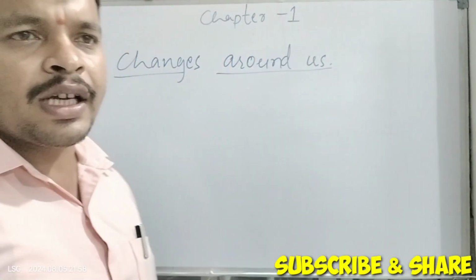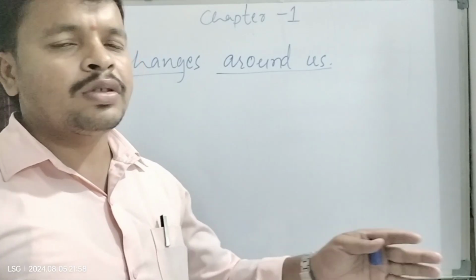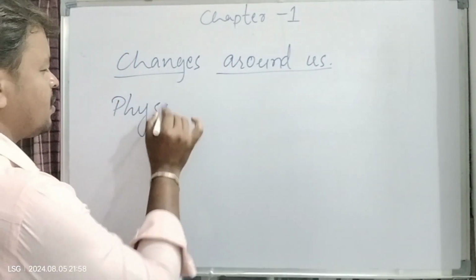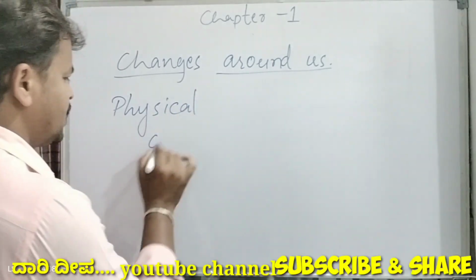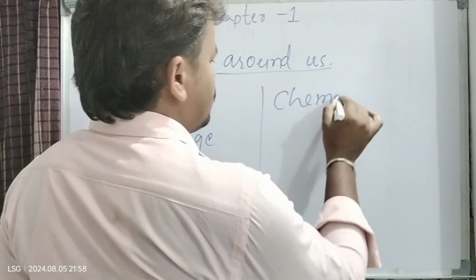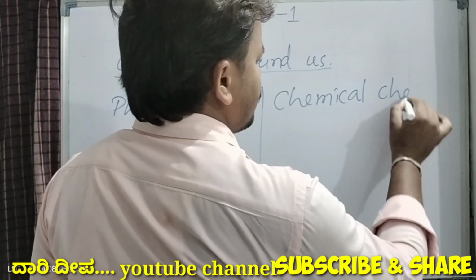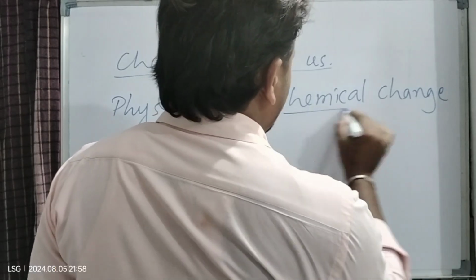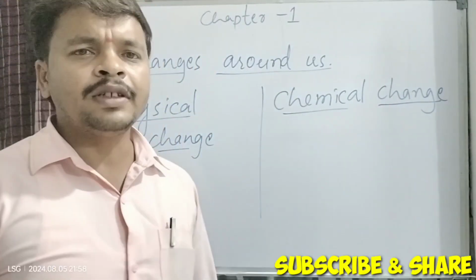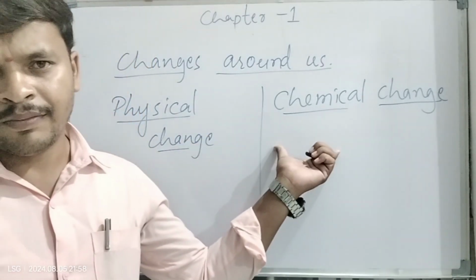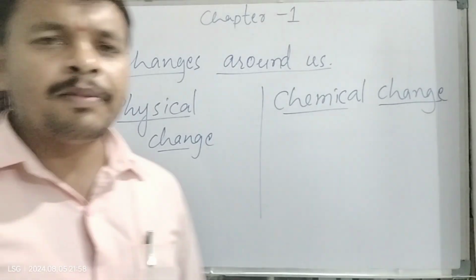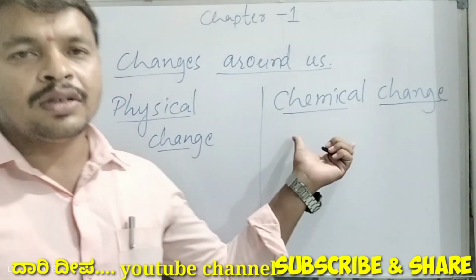These changes which take place in our surroundings are classified into two types, such as physical change and chemical change. So what is meant by physical change and chemical change? What are the differences between these two changes? I will give you some examples related to the physical and chemical changes.